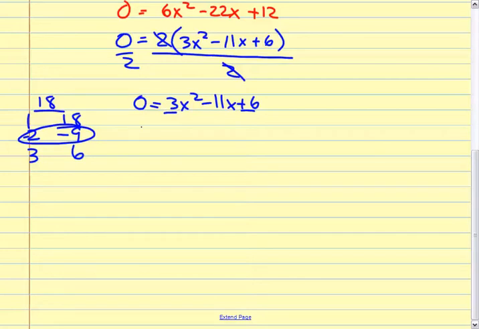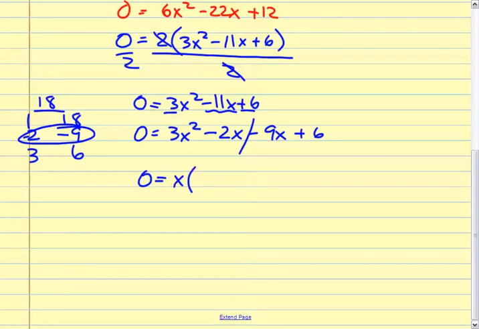Okay. So that means I can rewrite this as 3x squared minus 2x minus 9x, that's what I replaced negative 11x with, plus 6. And now let's factor. Sophia, you like to do that, don't you? So 0 is going to equal, what can I pull out from the first one? X times what? 3x minus 2, good.